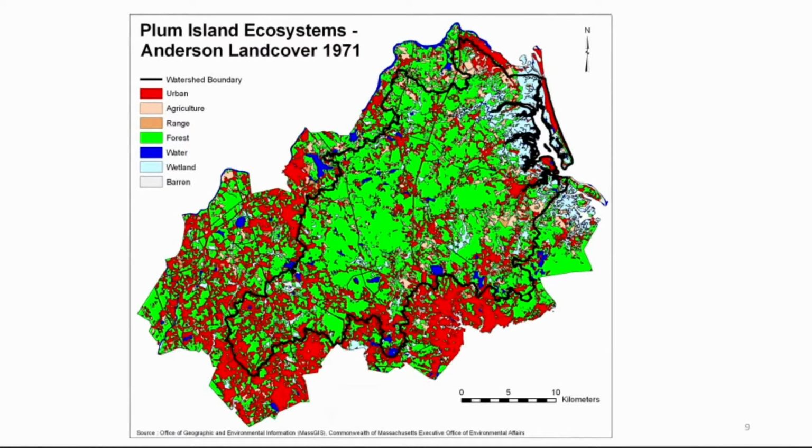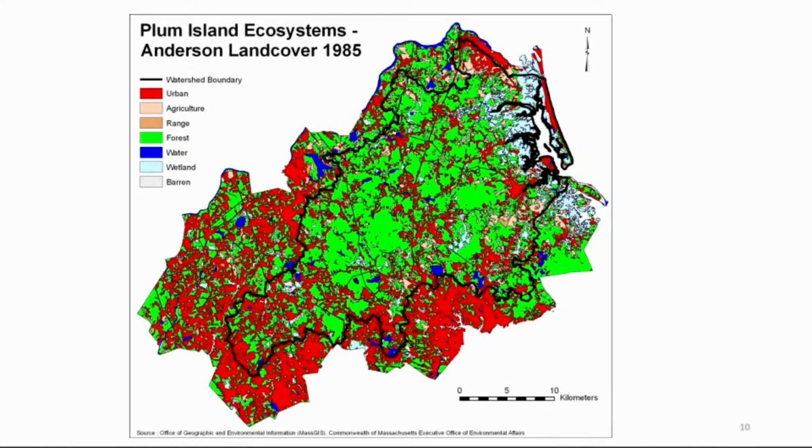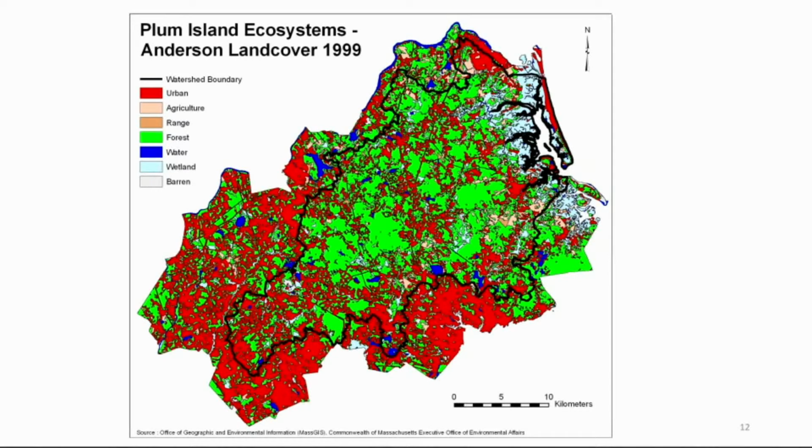They have a time series from 1971, and the 2 most prominent categories there are green, which is forest, and red, which is urban. It's residential, built up area. So there's the map of 1971, 1985, 1991, and 1999.